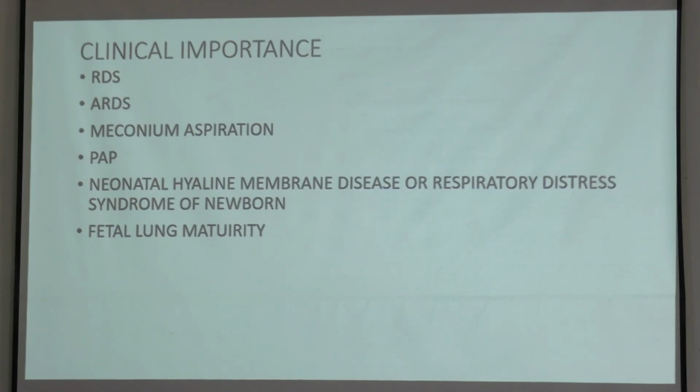So what is in surfactant? There is DPPC, dipalmitoyl phosphatidylcholine. Phosphatidylcholine is also called lecithin, so DPPC is also called DPL, dipalmitoyl lecithin. Other than DPL, it has phosphatidylglycerol, PG.